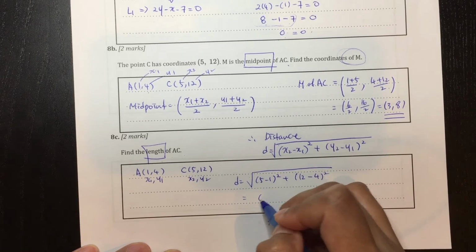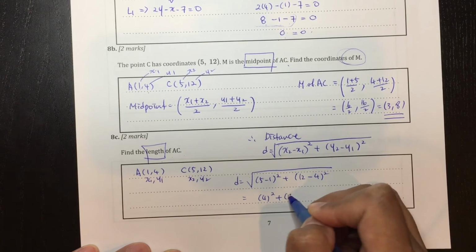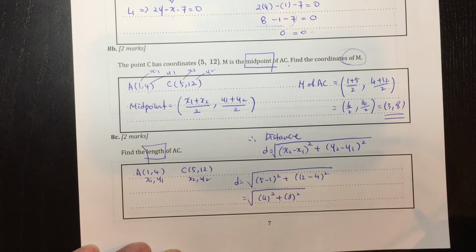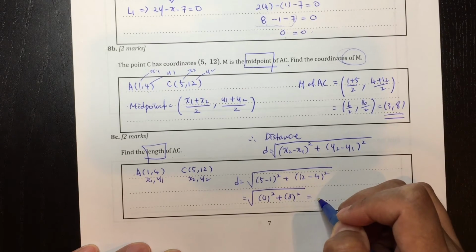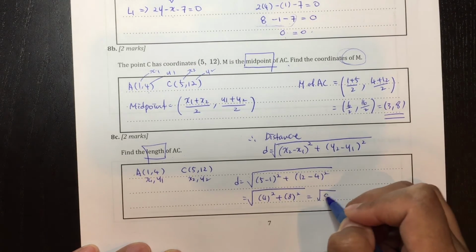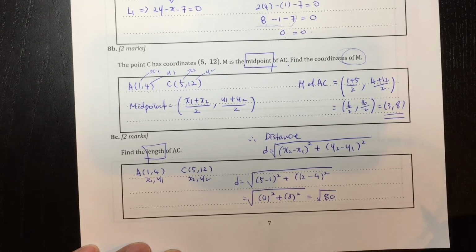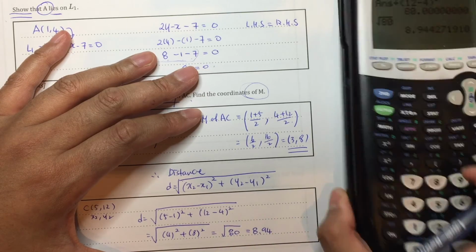When you do this, you get 4 to the power of 2 and 8 to the power of 2, then you get square root 80.